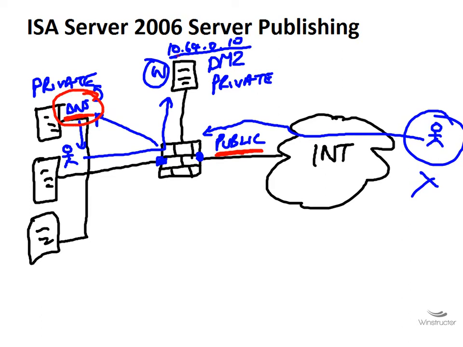So it's still going to hand out this private IP address, and that'll be true for all of our hosts, including all of them in our DMZ. And we're going to have a second DNS server that only has the IP addresses for the servers that we're publishing, and this DNS server will hand out the external ISA server's IP address to the internet users.